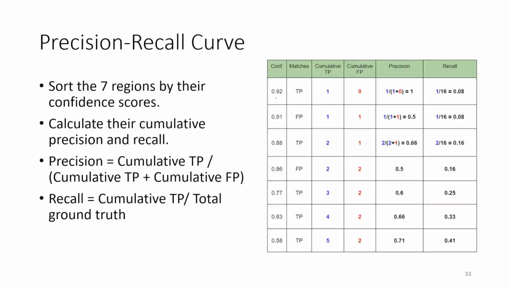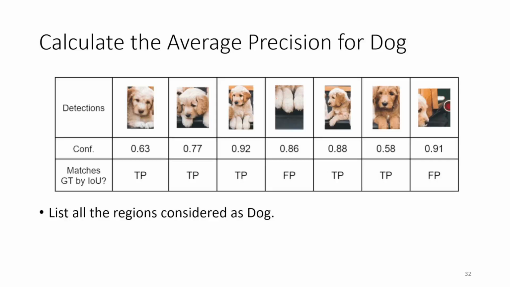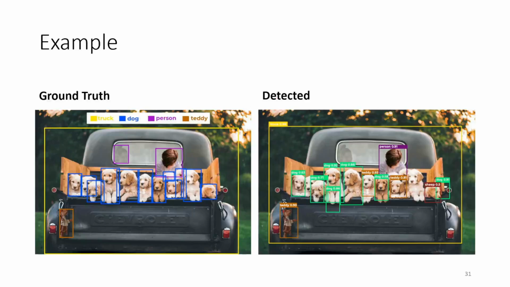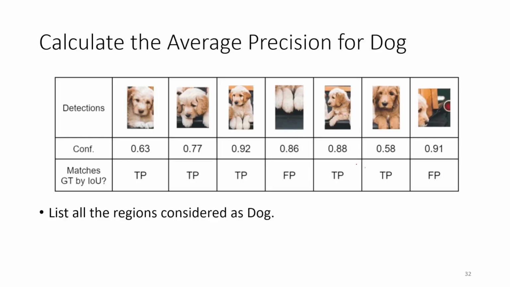For dog, here we have 7 positives, right? This is our detected result. We have 1, 2, 3, 4, 5, 7 regions that the algorithm thinks are dogs. So we have 7 positive results. But some of them are true positives and some of them are false positives.